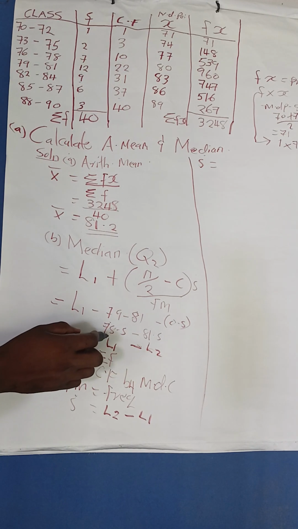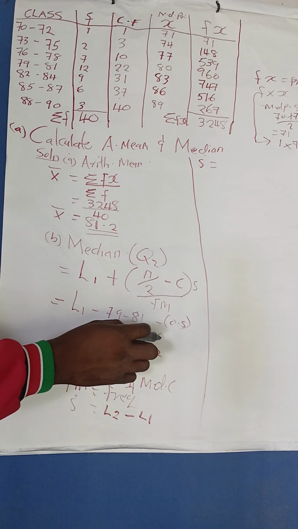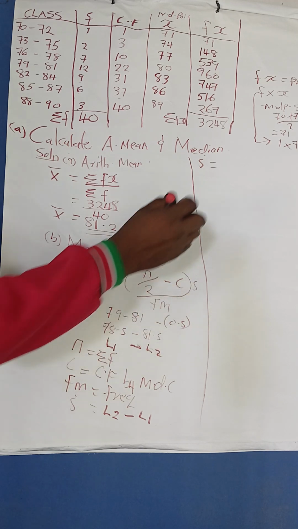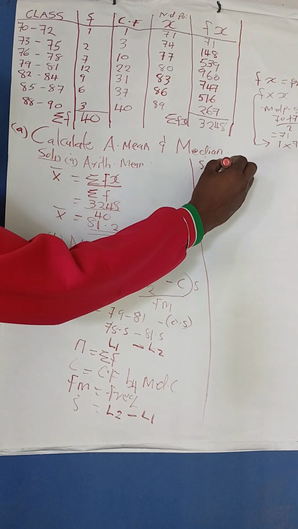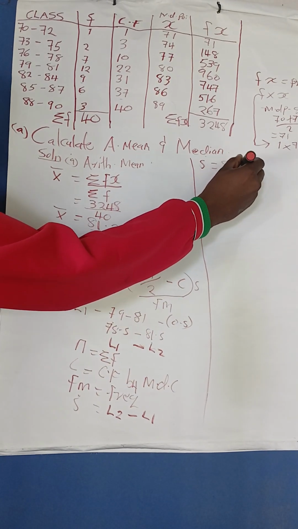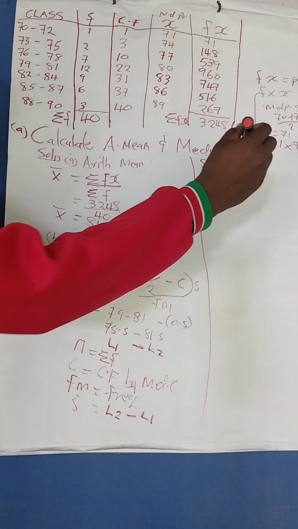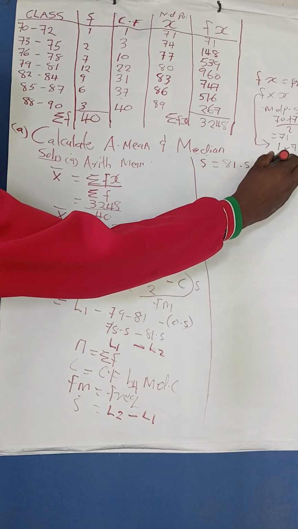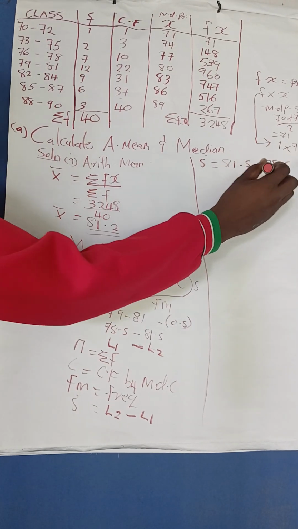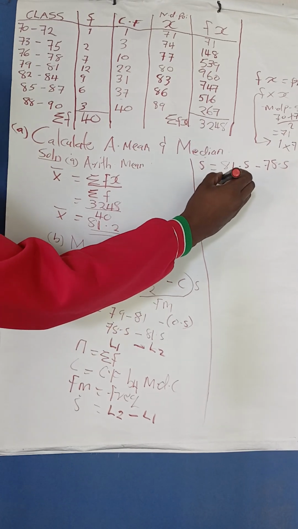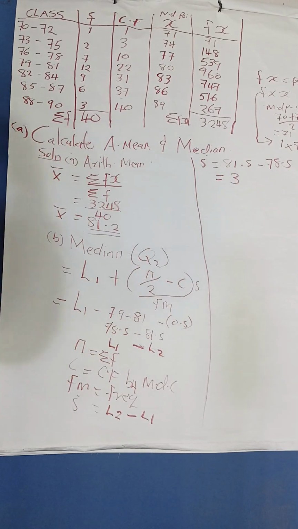L2 we had here as 81.5, and you subtract 78.5 from it. If you subtract that, you will get your I to be 3.